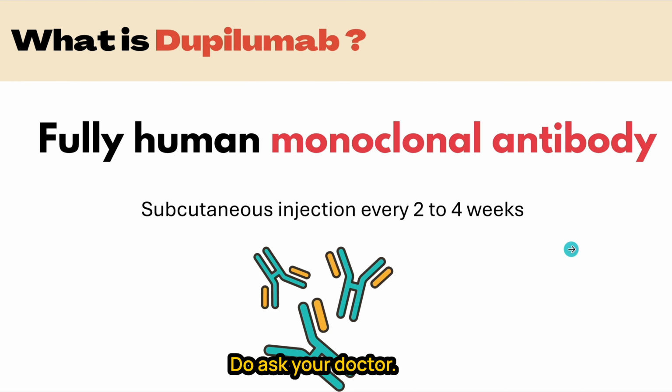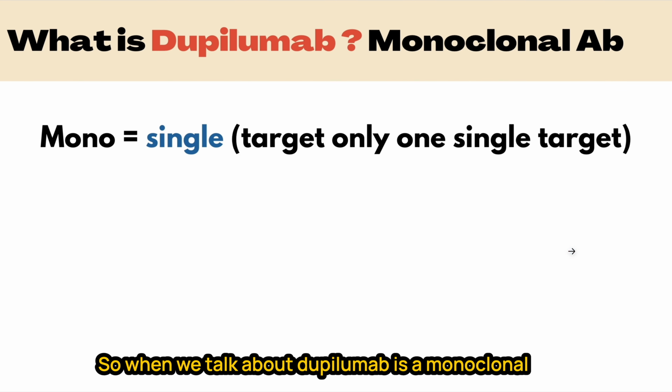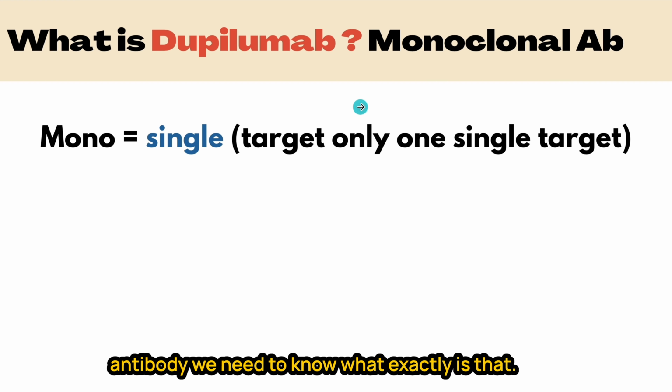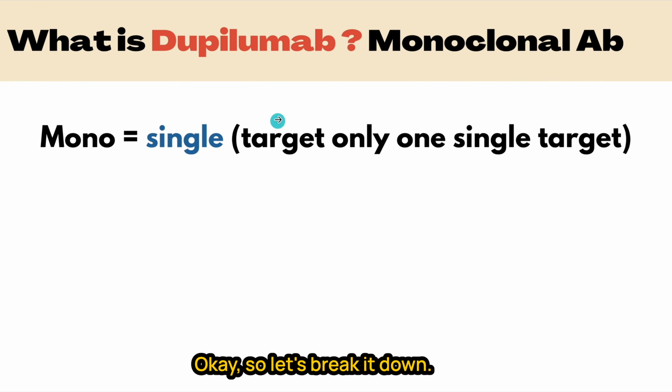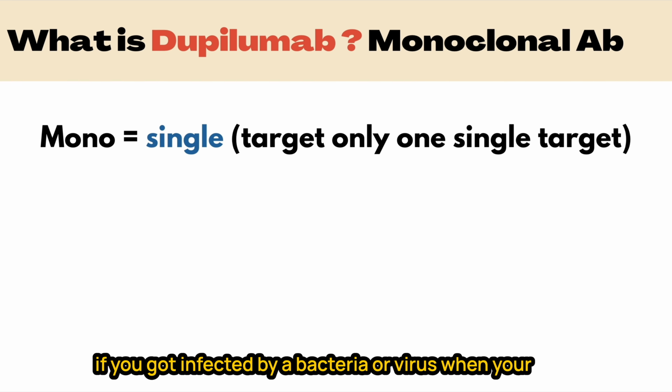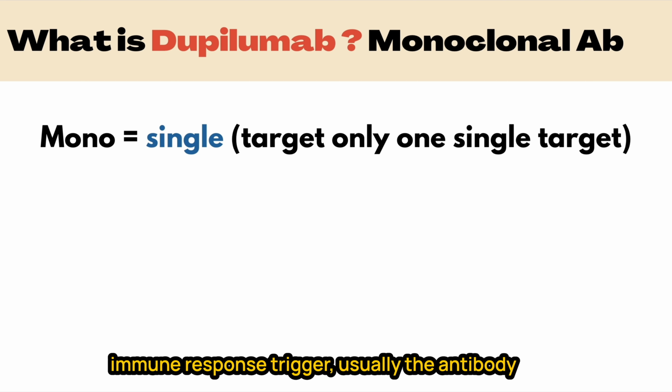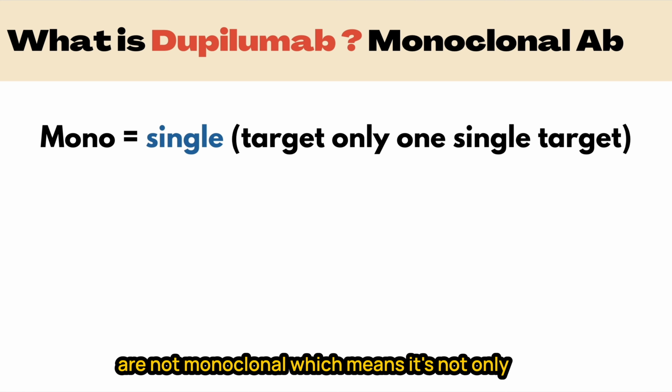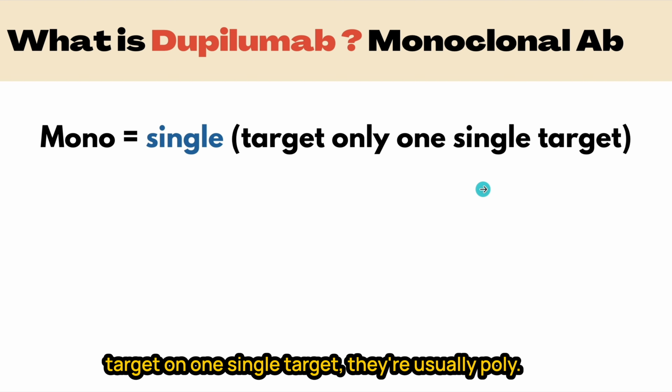Do ask your doctor. So when we say Dupilumab is a monoclonal antibody, we need to know what exactly that is, so let's break it down. Mono means single. Generally, if you get infected by a bacteria or virus, when your immune response is triggered, the antibodies are usually not monoclonal, which means they don't target only one single target.